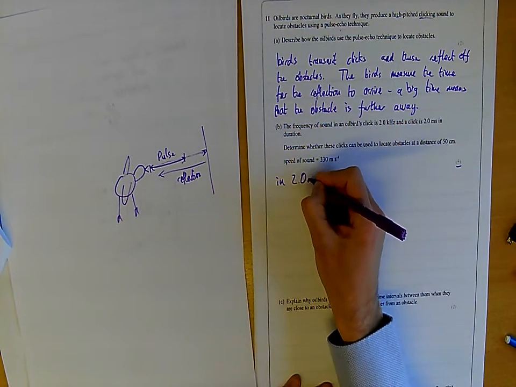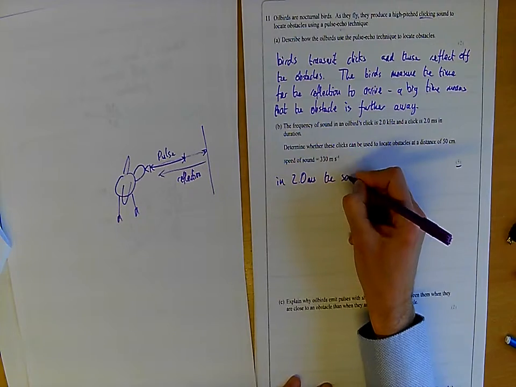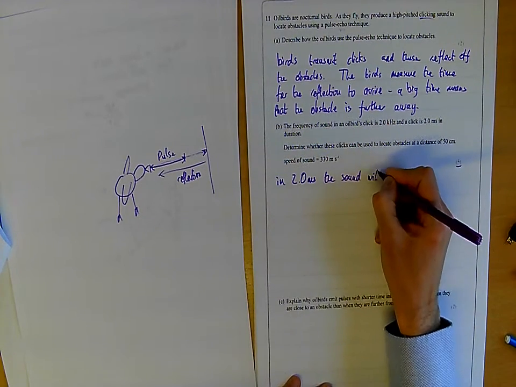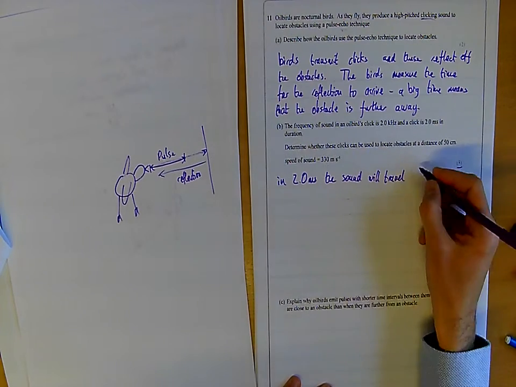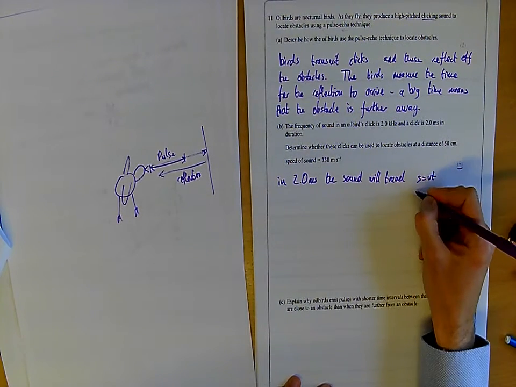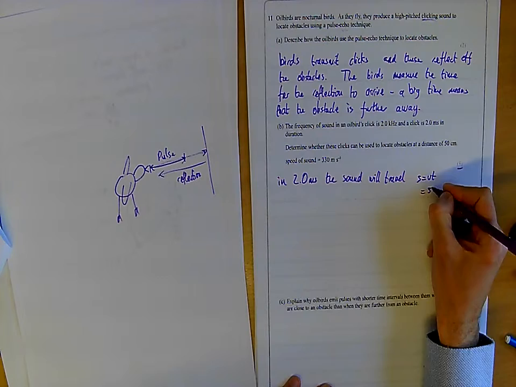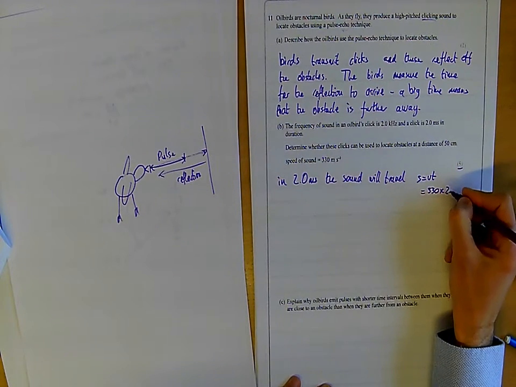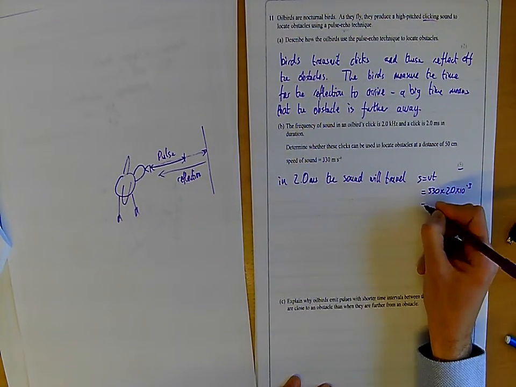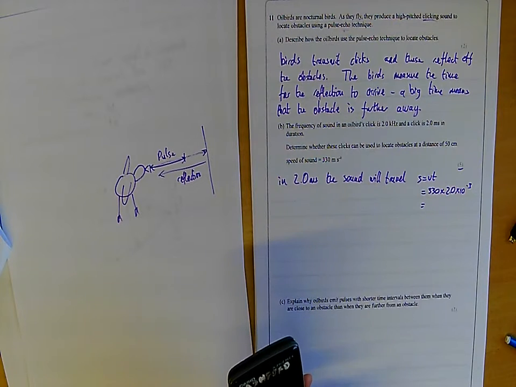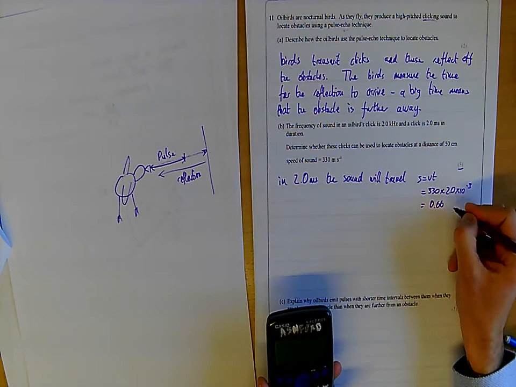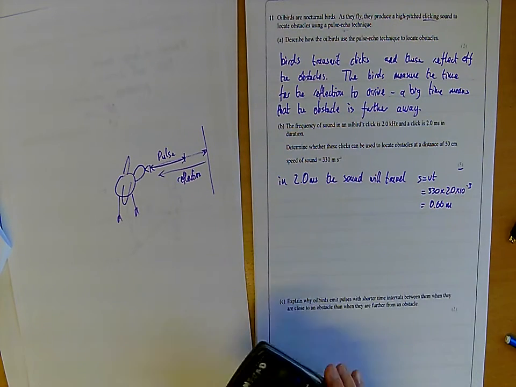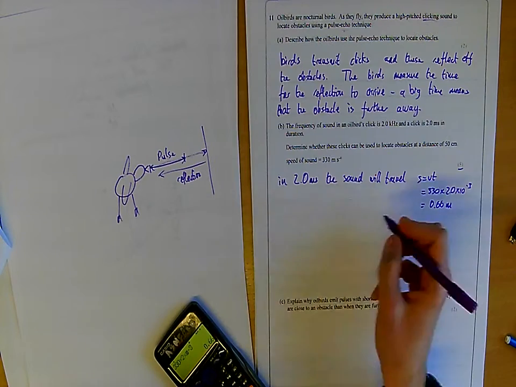In 2.0 milliseconds, the sound will travel, s is equal to vt. So 330 times 2.0 times 10 to the minus 3 will travel 0.66 metres. So this is what I would call the length of the pulse.